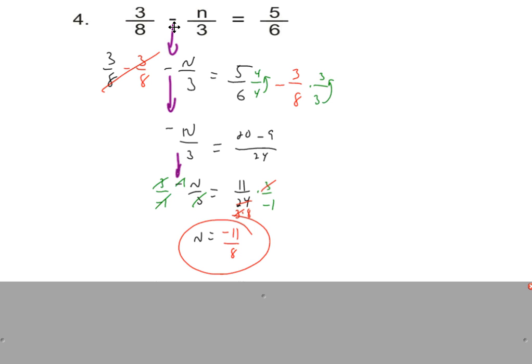Therefore, we're going to multiply both sides by 3 over -1. And that is going to end up giving us, as we reduce, -11/8. Any questions on that one? Question? Okay. How'd you get the 8 for the denominator? The 24 is a 3 times 8, and the 3 is divided out, leaving an 8 in the bottom.